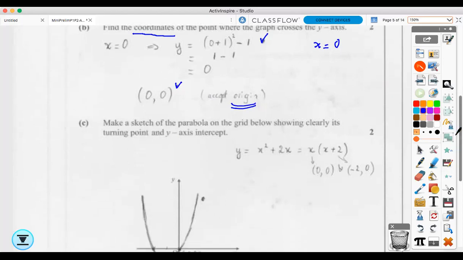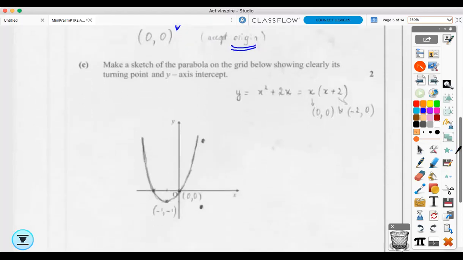Now, how do we sketch this? I've got my minimum turning point, -1, -1, and I've got the y-intercept. So you can just sketch it with those two. That would give you 2 marks.